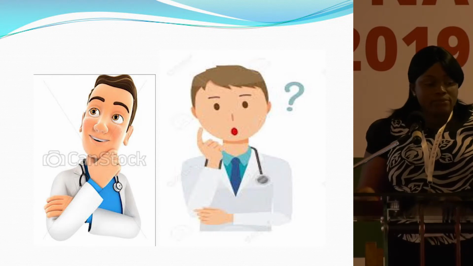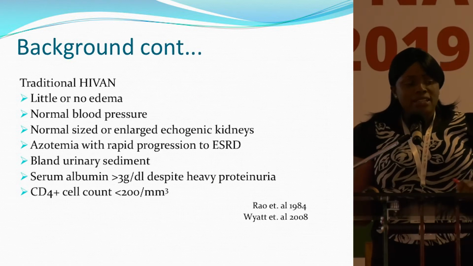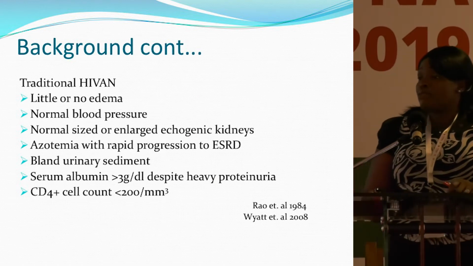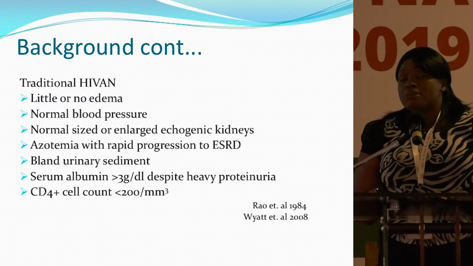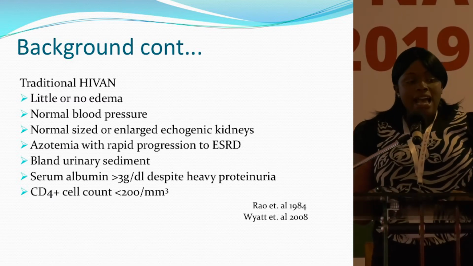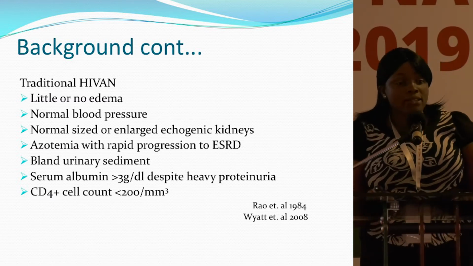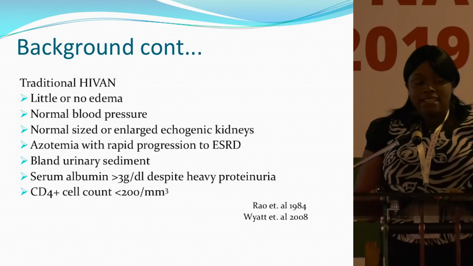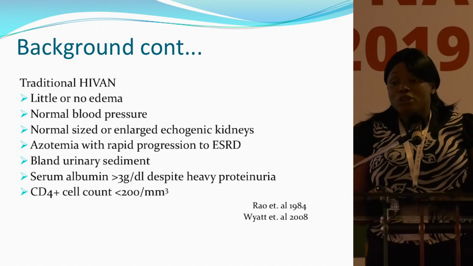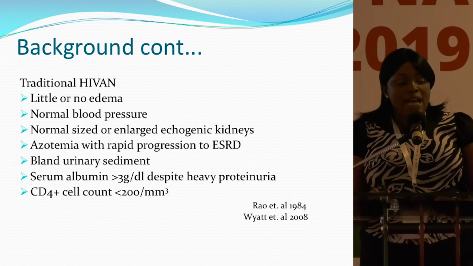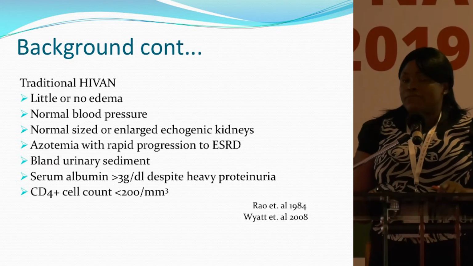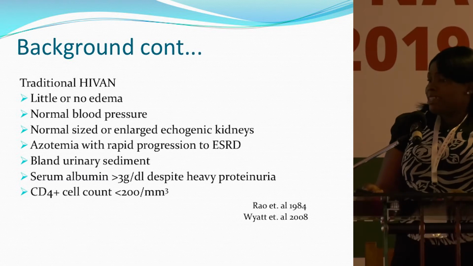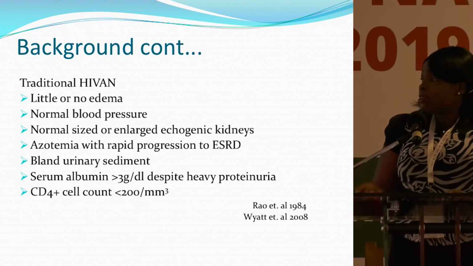Traditionally, when someone has HIV infection and comes down with chronic kidney disease and presents with little or no edema, normal blood pressure, normal size or enlarged echogenic kidneys, azotemia with rapid progression to end-stage renal disease, bland urinary sediment and a low CD4 count, some people will think that this patient most likely has HIVAN.